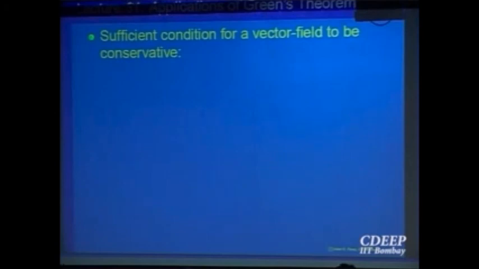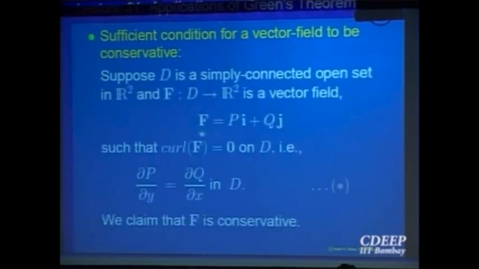So let us see a proof of that, and the proof is a one-line proof only. Let us take a vector field f in the plane, supposing curl of that is equal to 0. It is two dimensional only, so that means this is equal to 0. That means in the double integral, that integrand is going to be equal to 0.